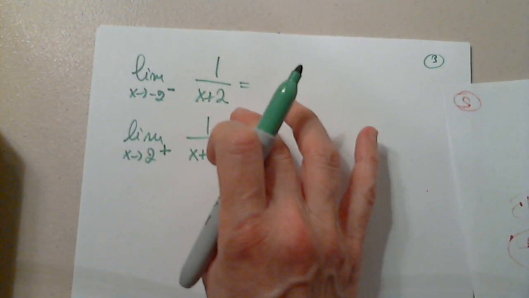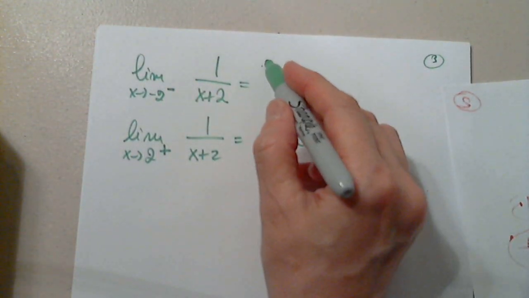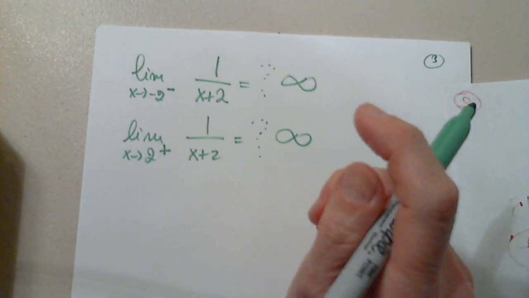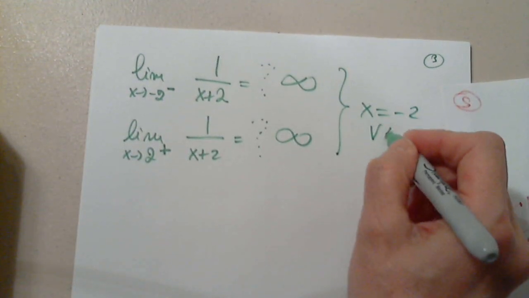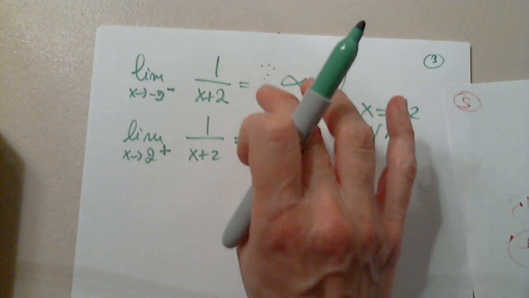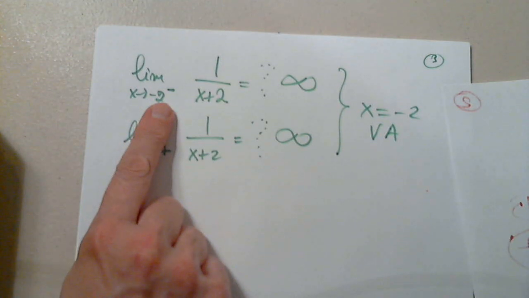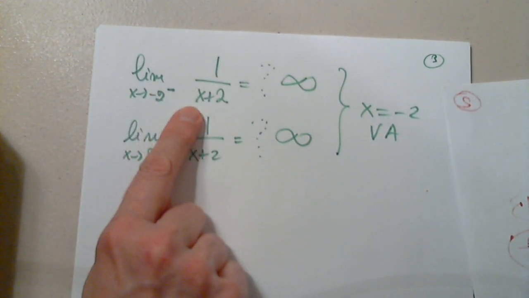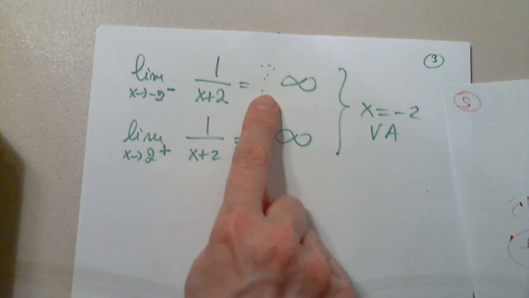x equals negative 2 is a vertical asymptote. I know the answer. I don't know the sign. I know the answer because x equals negative 2 is a VA. These have to be infinities, but I don't know the sign. Can anyone give us the sign? Positive. So negative 2.1 plus 2, oh, negative.